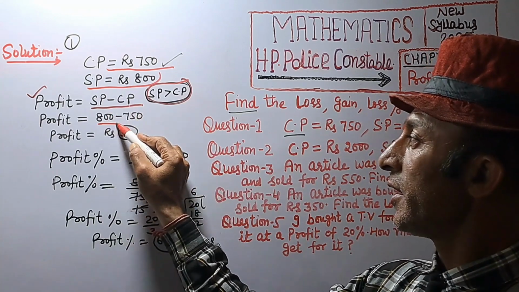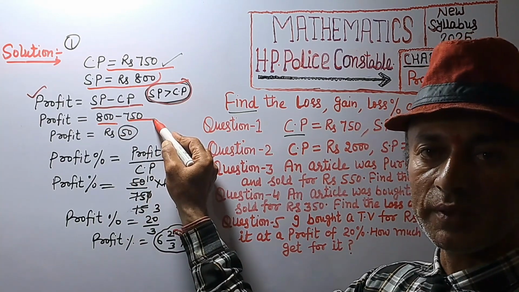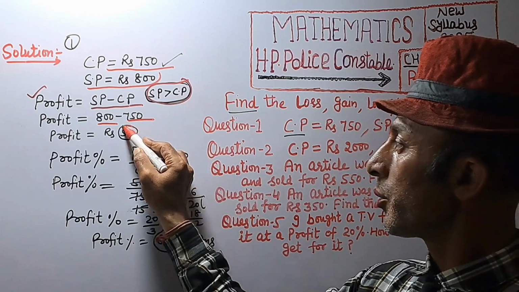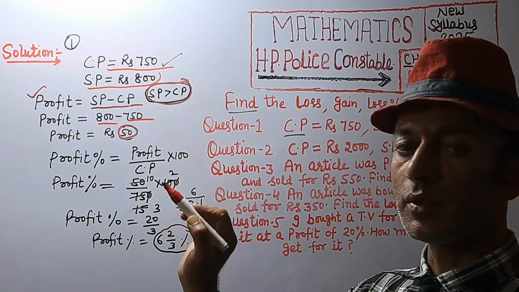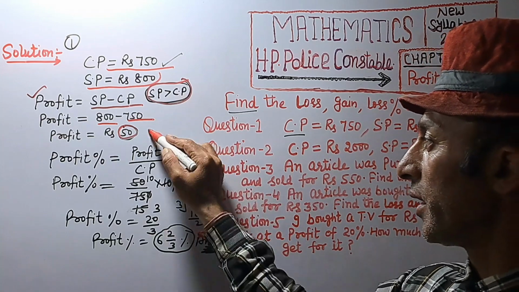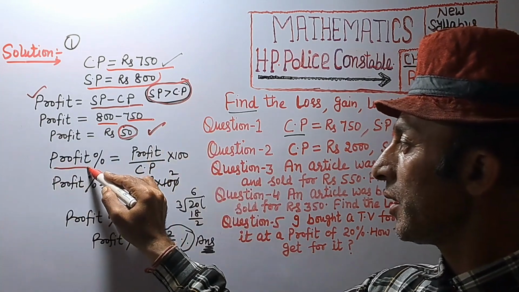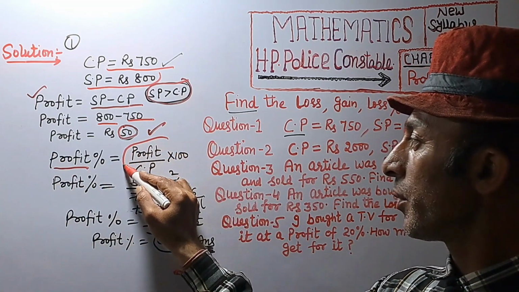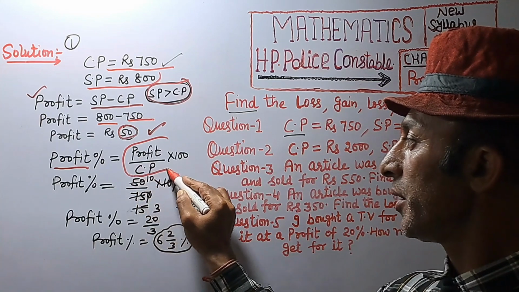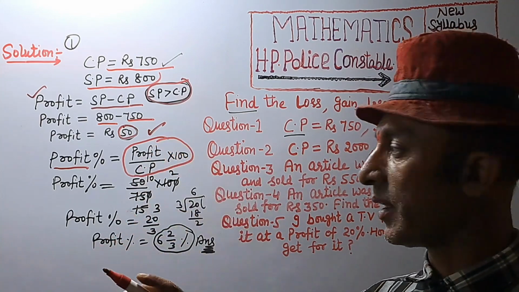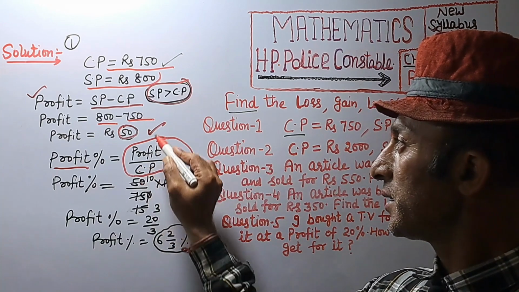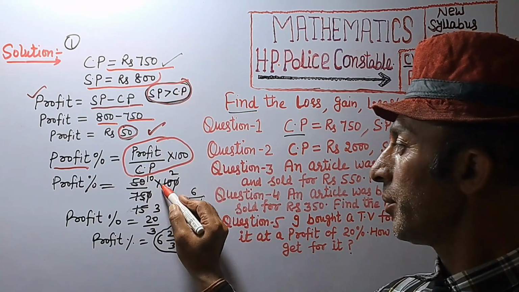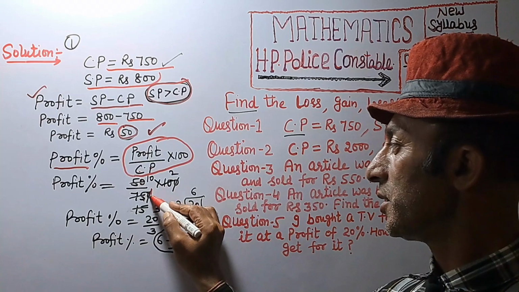Selling price 800 rupees, cost price 750 rupees, and we get profit equal to 50 rupees. 800 minus 750 equal to 50 rupees profit. And profit percent, the formula is profit upon CP multiplied by 100. Profit is 50 rupees, cost price is 750 multiplied by 100.